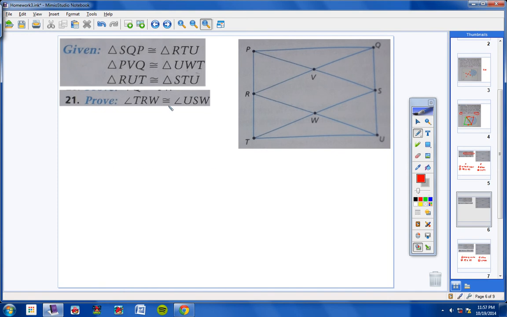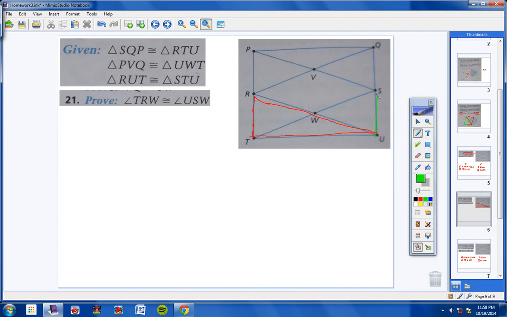This is the more difficult one, okay? All right, here we go. Now we're dealing with angle TRW. So TRW, probably this triangle here, I think, okay? And we're dealing with angle USW.